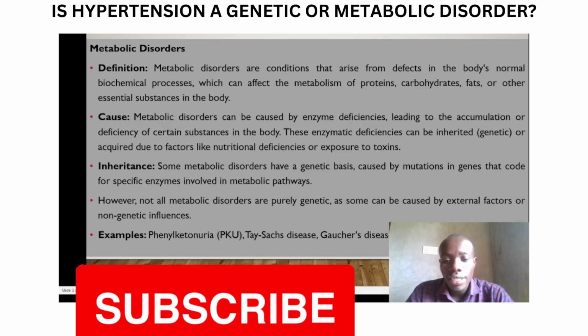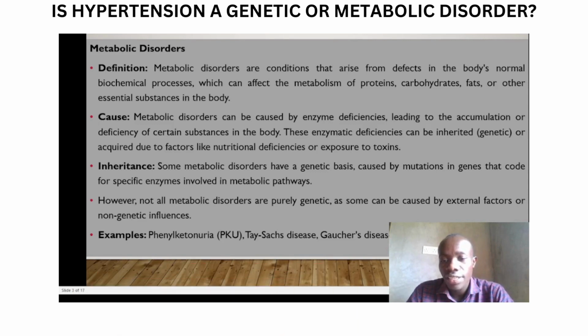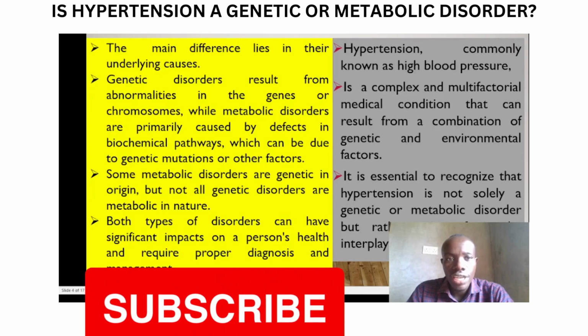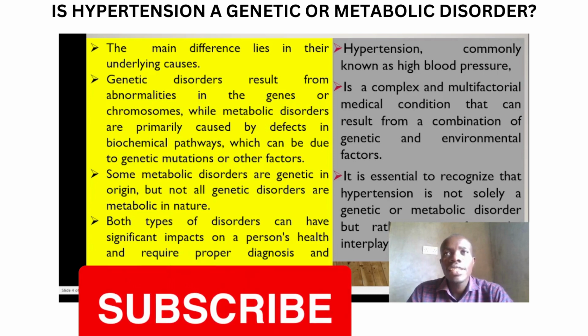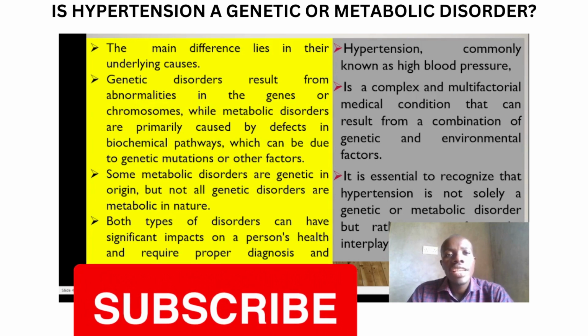Examples of metabolic disorders include, guys, phenylketonuria, Tay-Sachs disease, Gaucher's disease, and maple syrup urine disease. So, guys, we can say that when discussing whether hypertension is metabolic or genetic, the difference lies in their underlying causes.